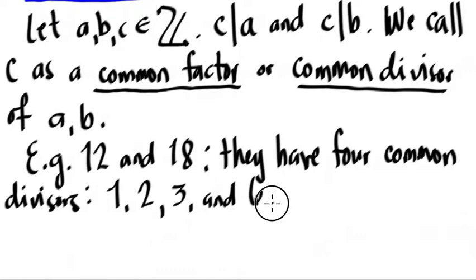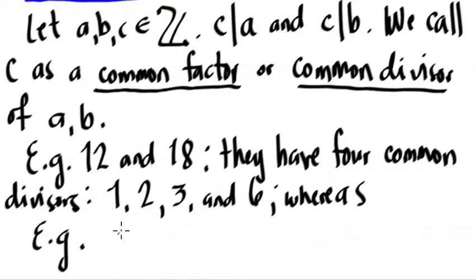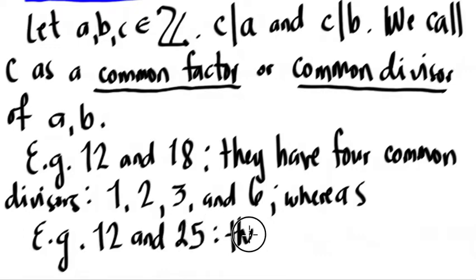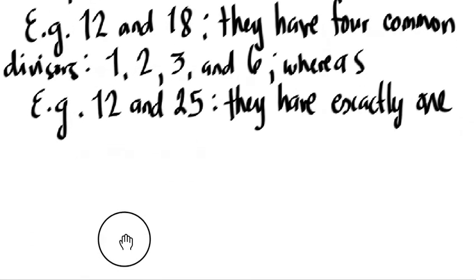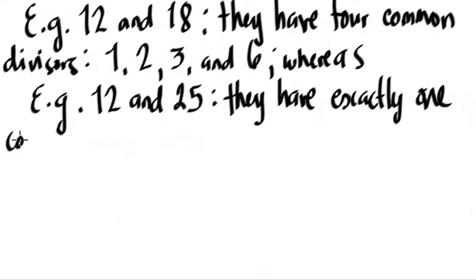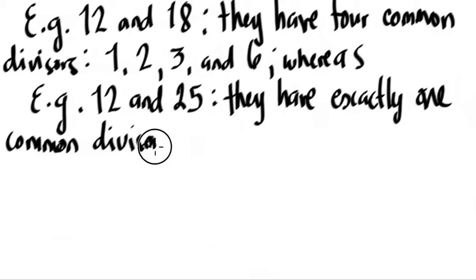As another example, say we have 12 and 25. For 12 and 25, they have exactly one common divisor, and that is the trivial one.